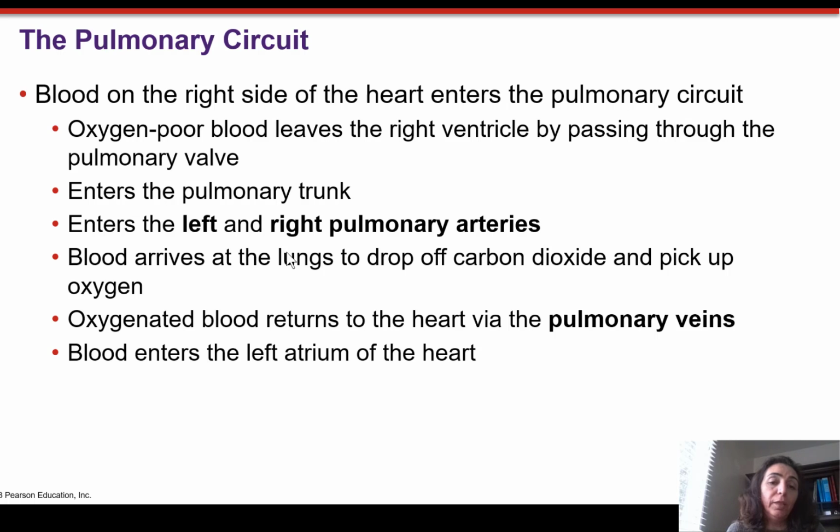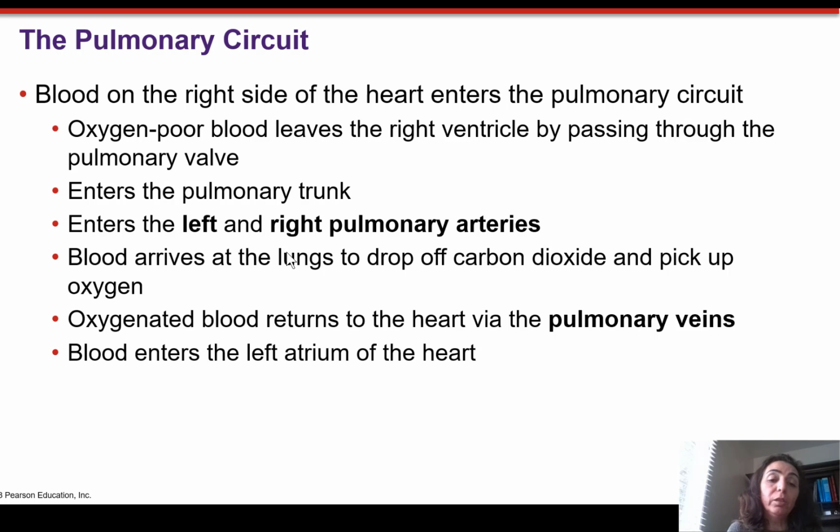So the other thing regarding the pulmonary circuit. Blood on the right side of the heart enters the pulmonary circuit, as you already know. Oxygen-poor blood leaves the right ventricle by passing through the pulmonary valve or pulmonic valve, enters the pulmonary trunk, then enters the left pulmonary artery and right pulmonary artery, and then arrives at the lung to draw off carbon dioxide and pick up the oxygen, right?